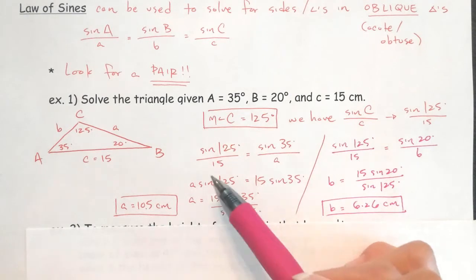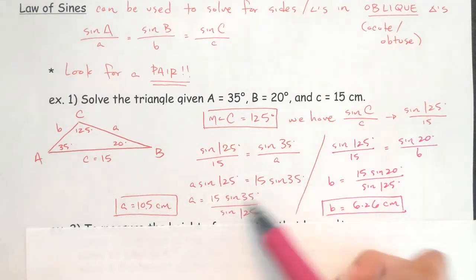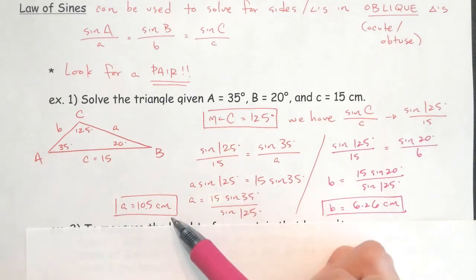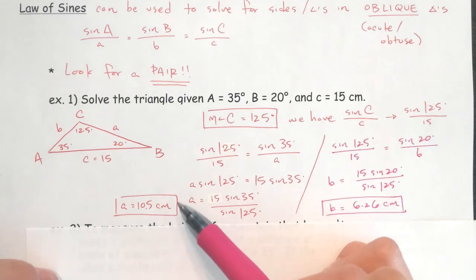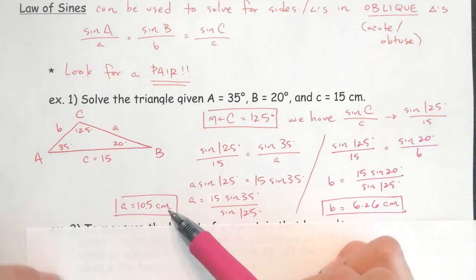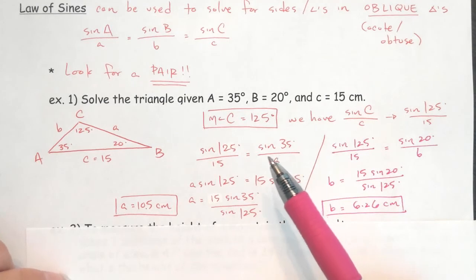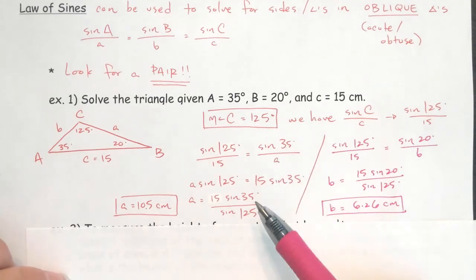Cross multiply, divide to the other side to solve for A, plug that into your calculator, maybe round to the nearest hundredth, whatever the book asks for, whatever the problem asks for. Make sure that you are labeling your answer. Okay, and then what I said also was, from here to here, if you skip from here to here, I'm cool with it. I'm down with that.